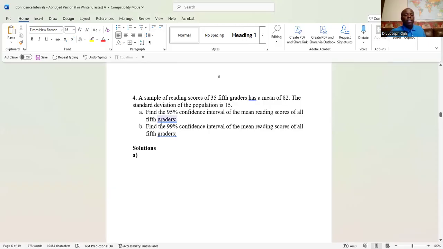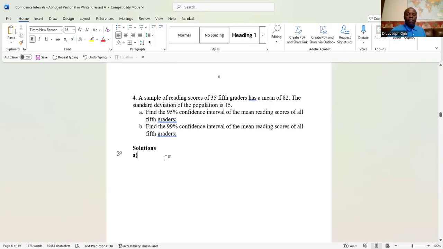A, find the 95% confidence interval of the mean reading scores of all fifth graders. B, find the 99% confidence interval of the reading scores of all fifth graders.